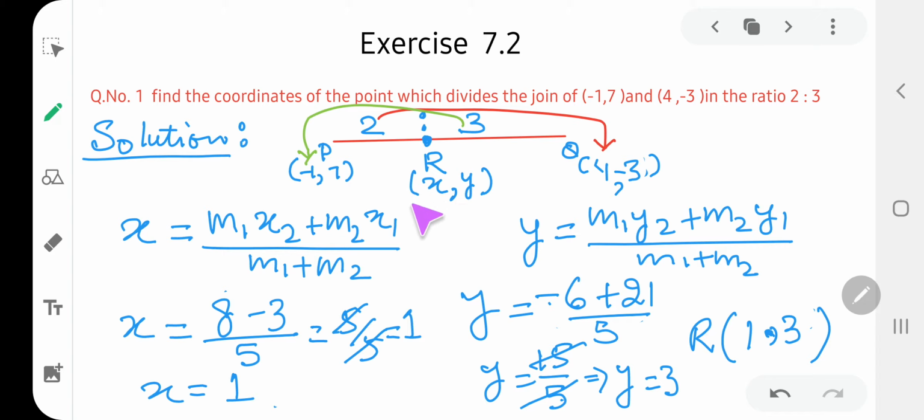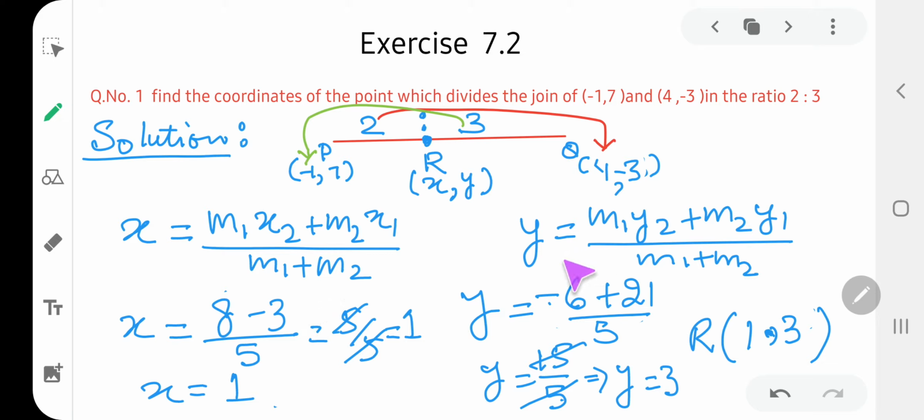He wants us to find out the coordinates of R, that is he wants us to find out x and y. First of all, we will write the formula. We are to find x, so it will be m1, and with m1 we will be writing x2 plus m2, and with m2 x1, divided by m1 plus m2.